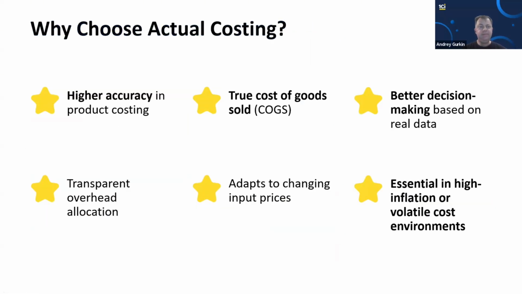Of course, if we're talking about this actual costing method, it has high accuracy in product costing, true cost of goods, without any differences, etc. Subsequently, it provides you better decision making based on real data, without any proportions, plans, etc. Actual costs give transparent overhead allocation, so you can trace each and every amount starting from the first step when you're just registering those overheads, and in the end.